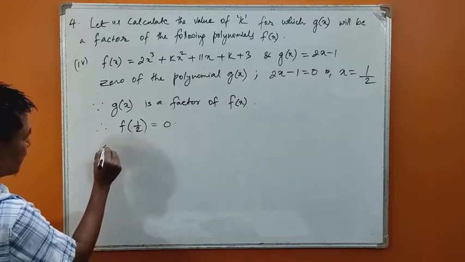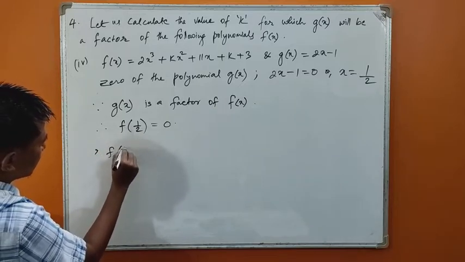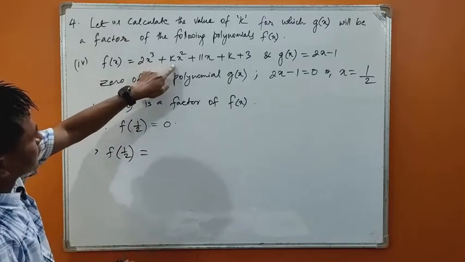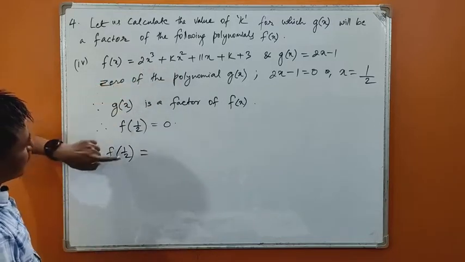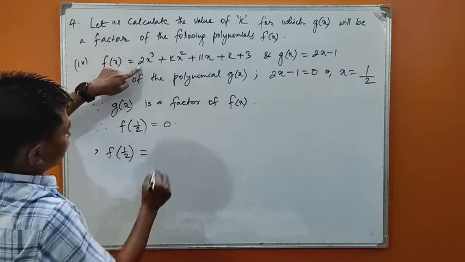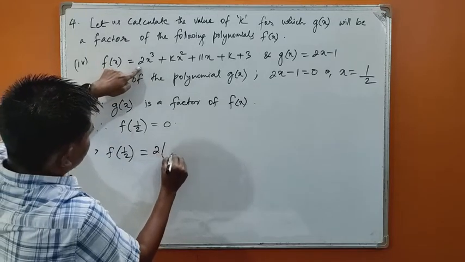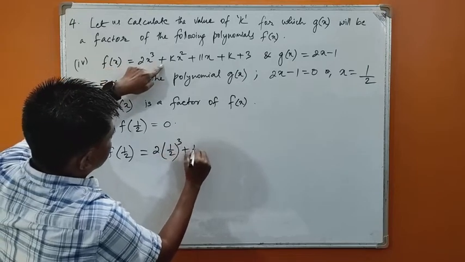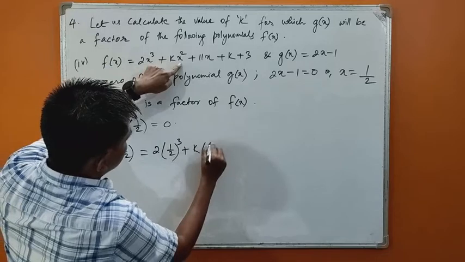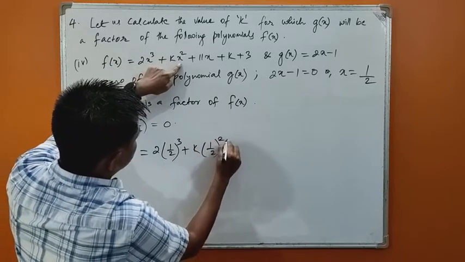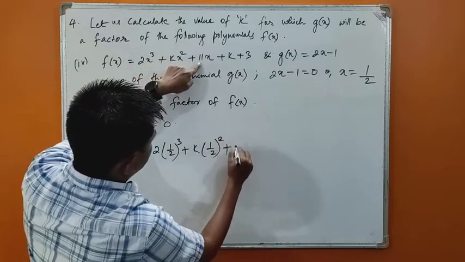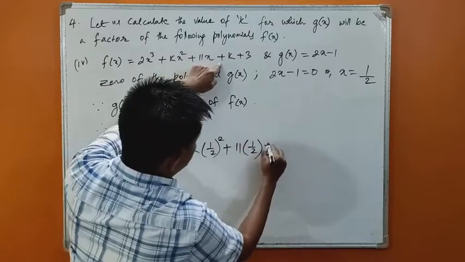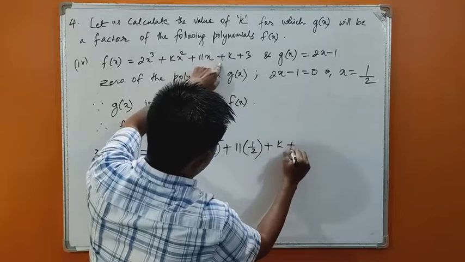Now f(1/2) equals, since f(x) is this, isn't it? So instead of x we write 1 by 2. f(1/2) will be equal to 2 times (1/2) whole cubed plus k times (1/2) whole squared plus 11 times 1/2 plus k plus 3, isn't it?